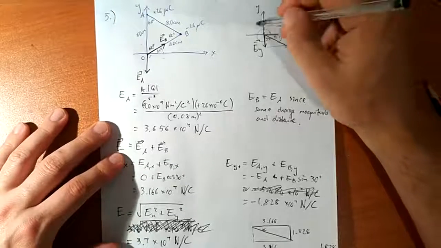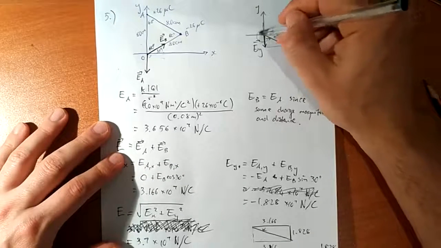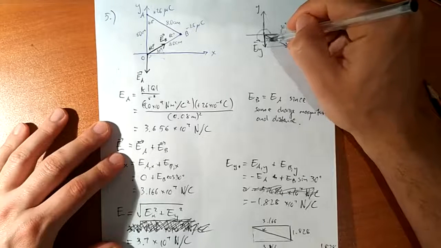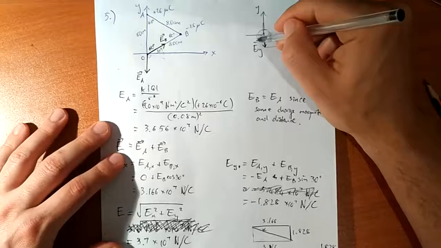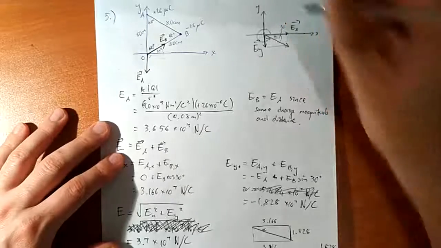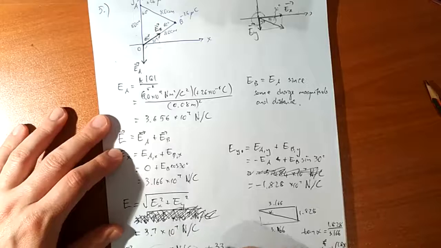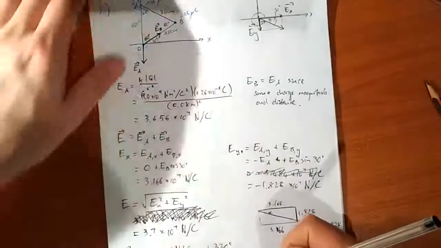What would that be? 90 plus 90 plus 90, that's 270 till here. And then that distance is 30, so that distance is 60, so it is 330 degrees to here. So I can say this is at 330 degrees, and that would suffice.